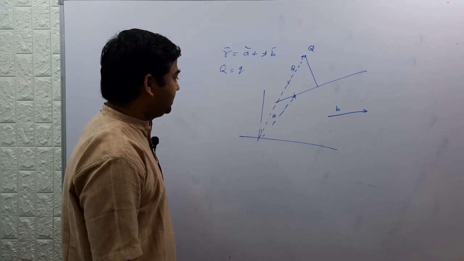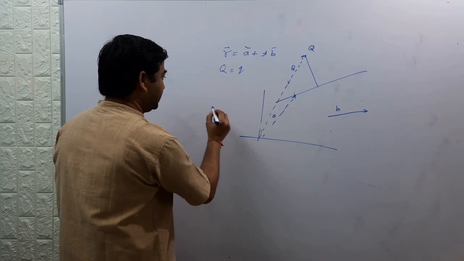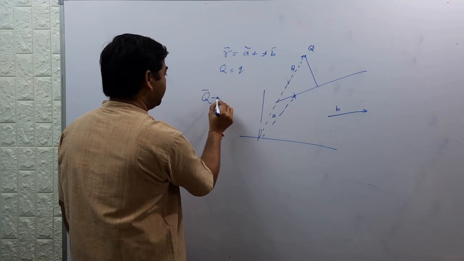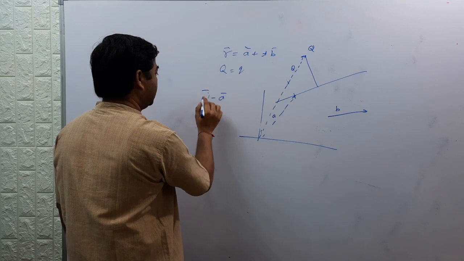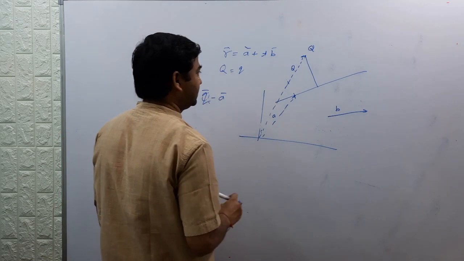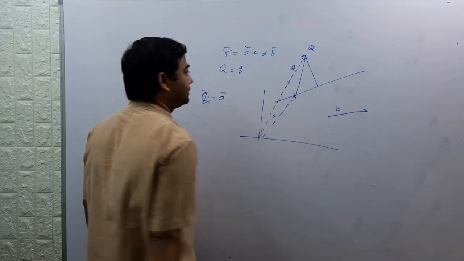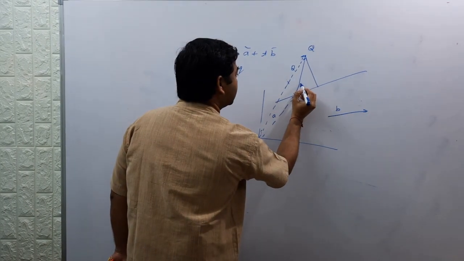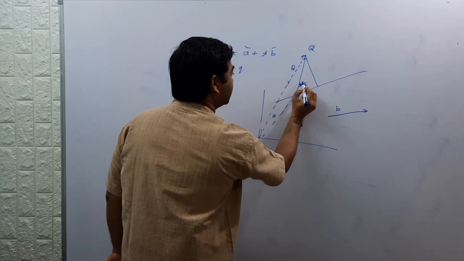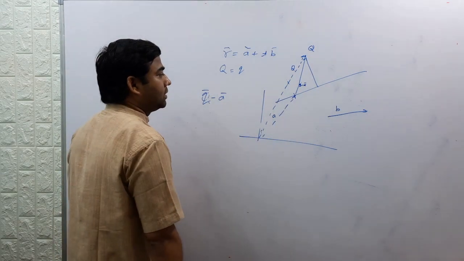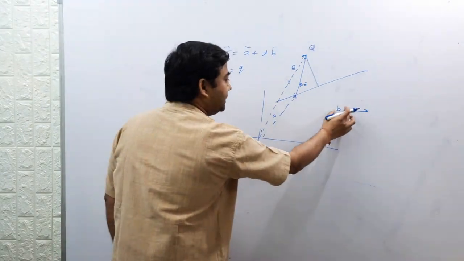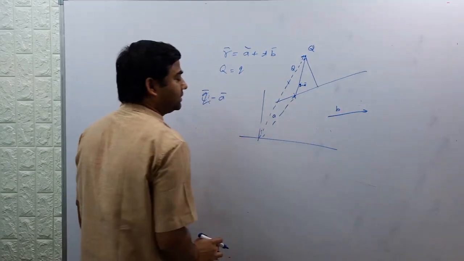So you can see q minus a is this vector. This is q minus a, and vector b is parallel to the line.